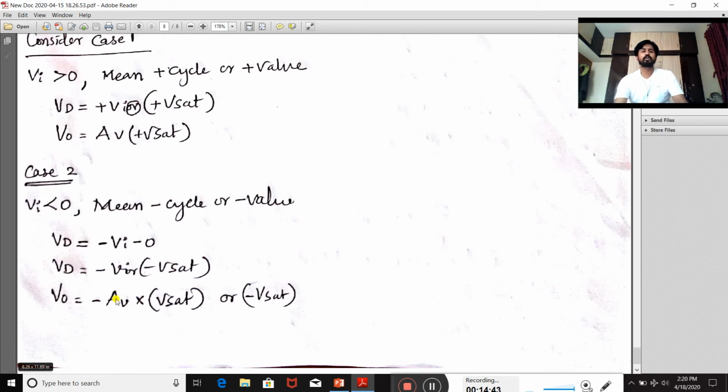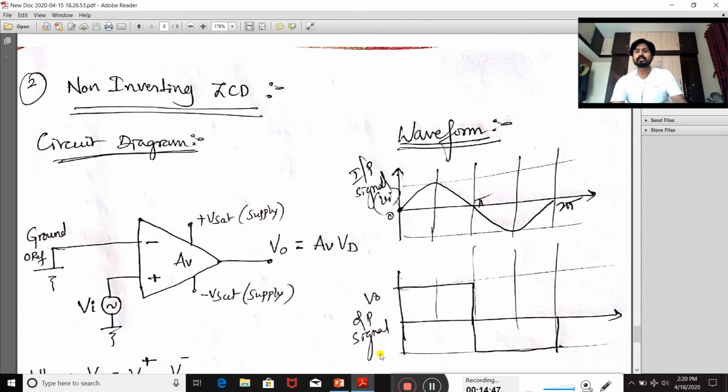Minus Vsat into AV is minus Vsat only. So for this negative cycle of the sinusoidal, at the zero crossing, it is producing the negative Vsat only. For positive, it is producing positive. For negative, it is producing negative. Hence, it is called the non-inverting zero crossing detector.